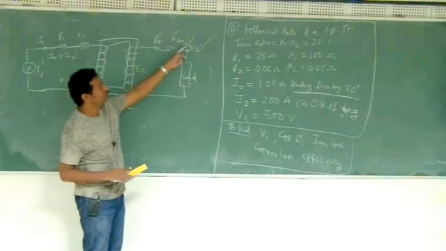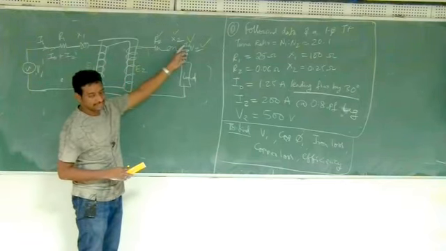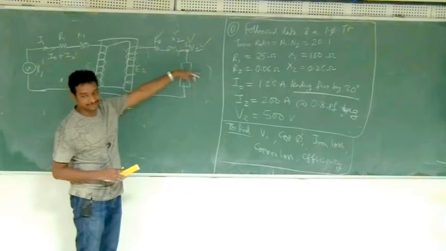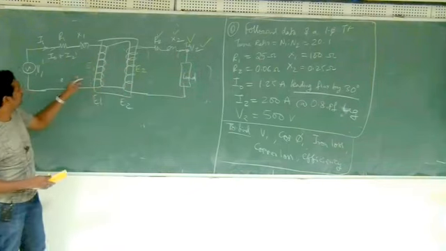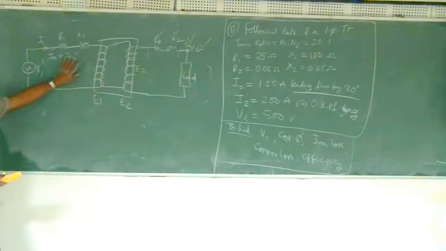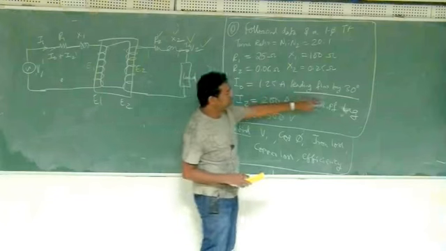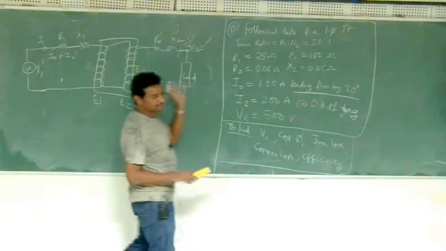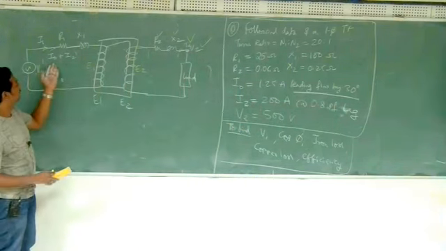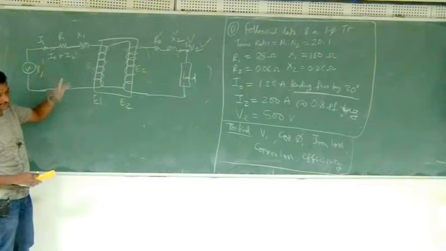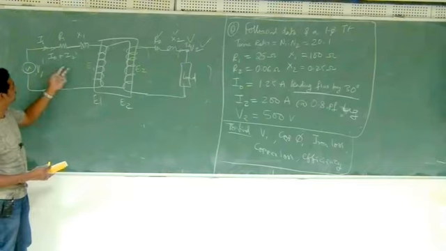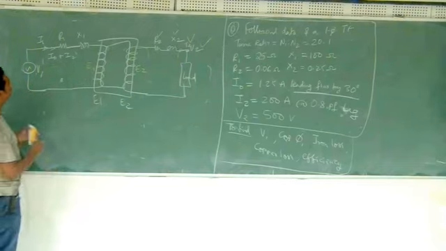Because you know I2, and I2's angle is with respect to V2, you have to carefully find the angle of I2 dash with respect to E1. Then I0 also you know. This is leading flux by 30 degrees. You know that E1 and flux have 90 degrees, so basically you have to manage the angles properly.